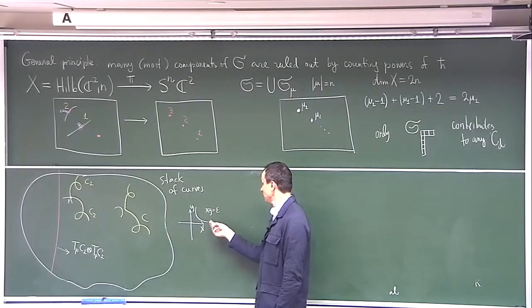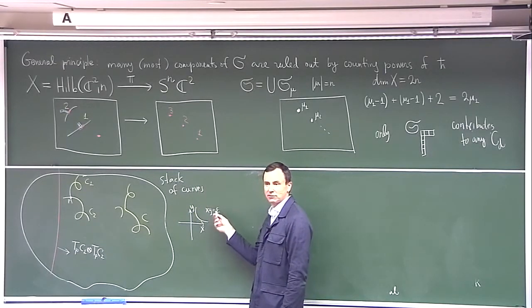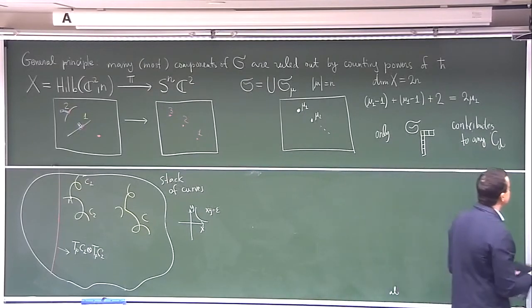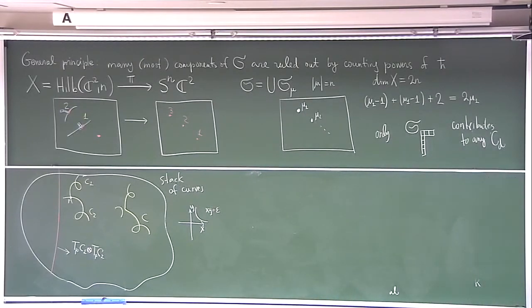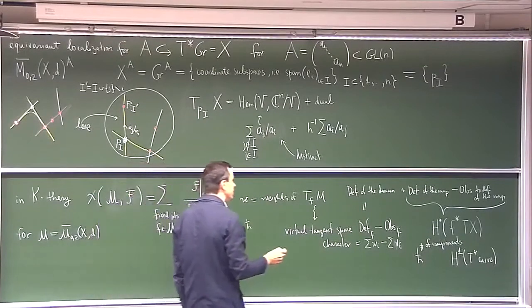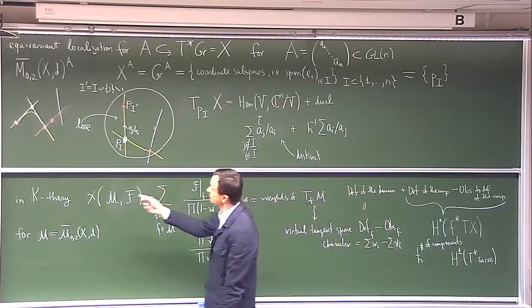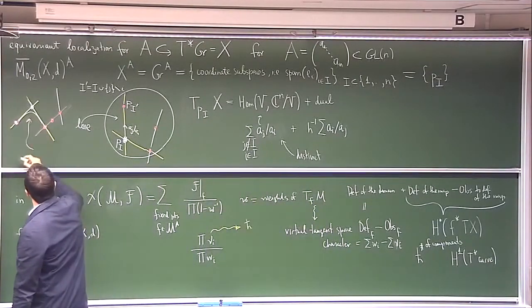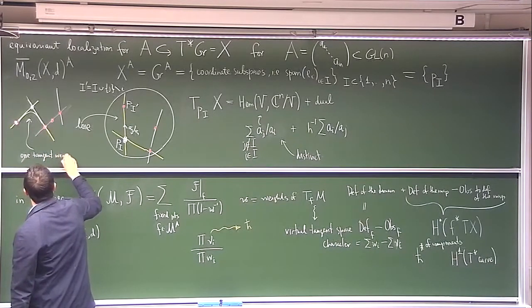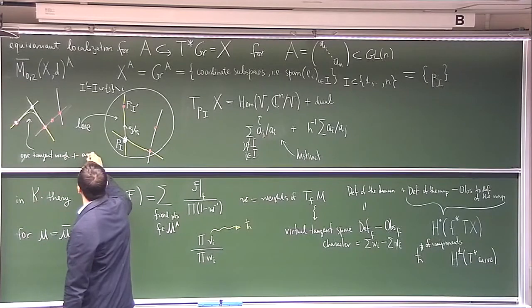And the weight of epsilon is the product of the weight of x and the weight of y. So from the smoothing of the node, there is a term that is the weight. So this guy produces one tangent weight plus another.